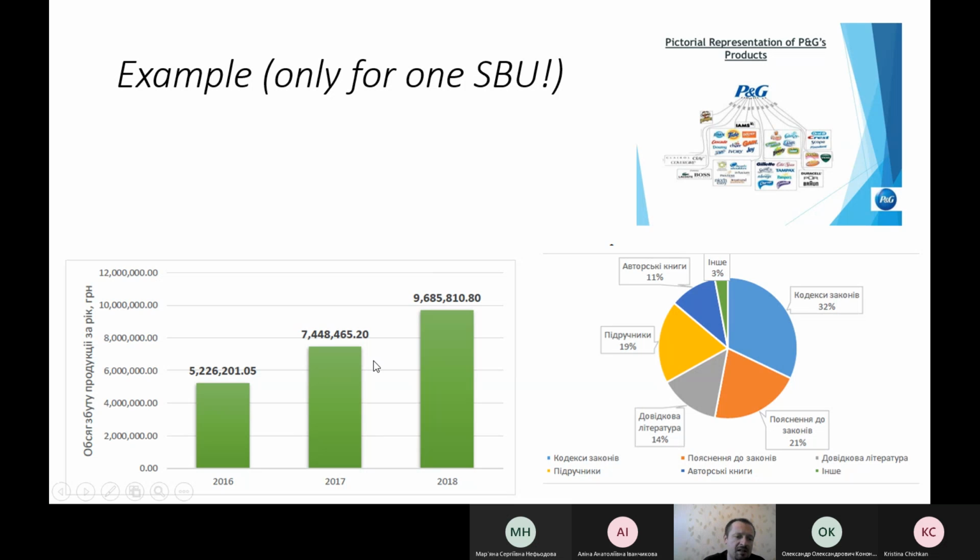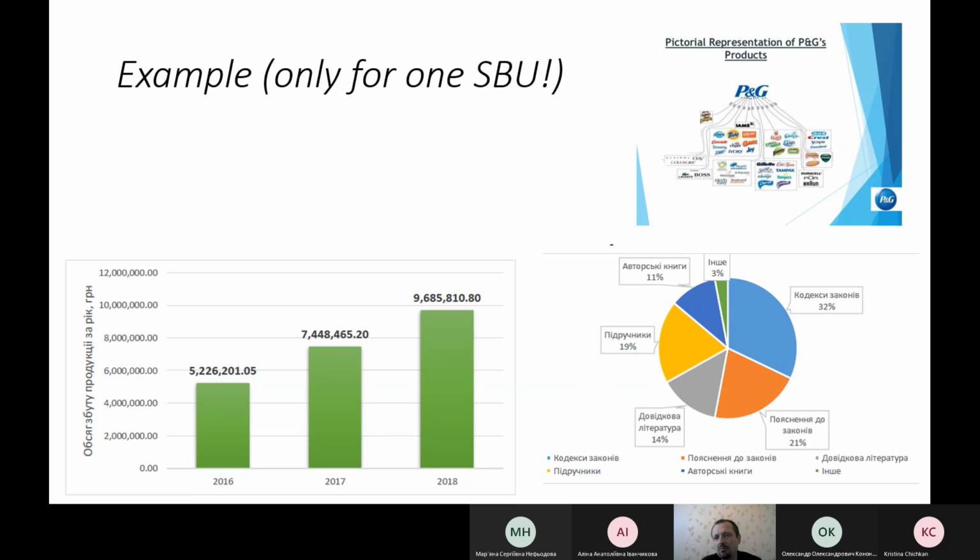You will have to present maybe a diagram of sales for this strategic business unit, and then you have to prepare something like a pie diagram to explain what trademarks are connected with this direction.